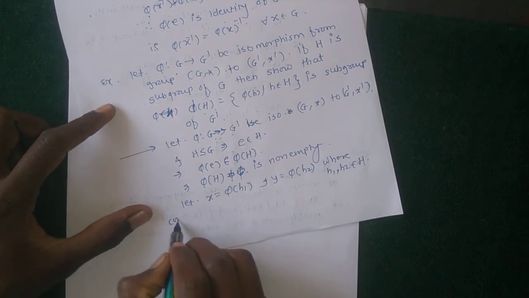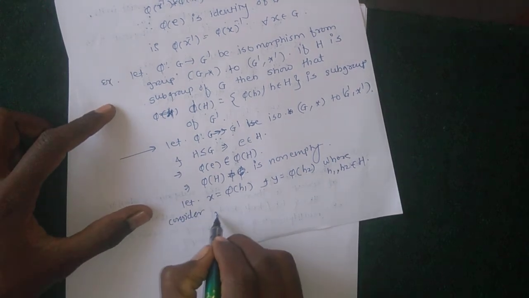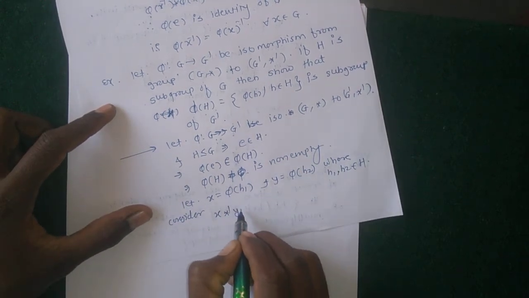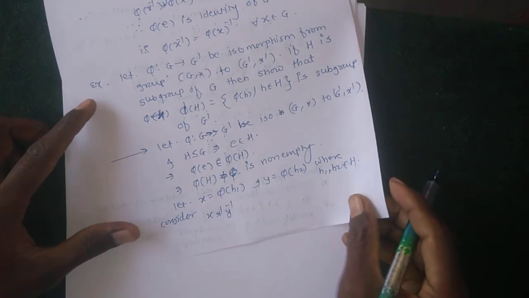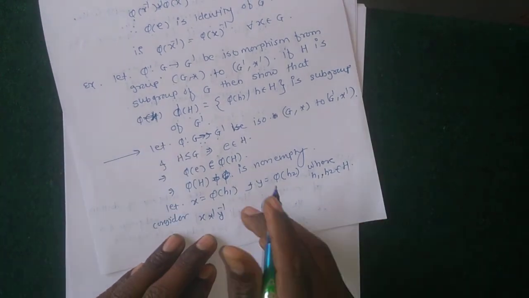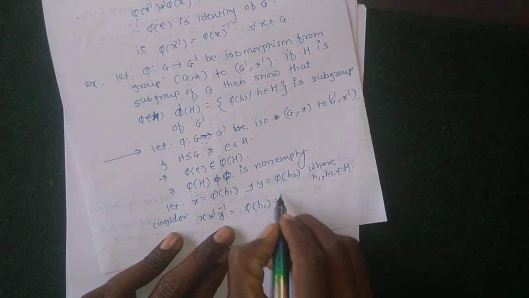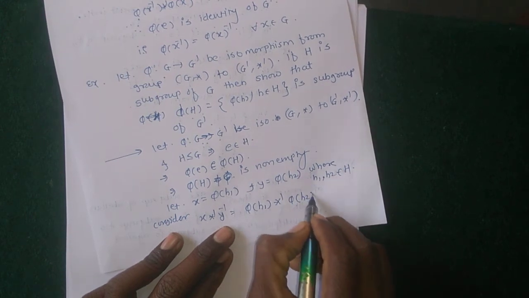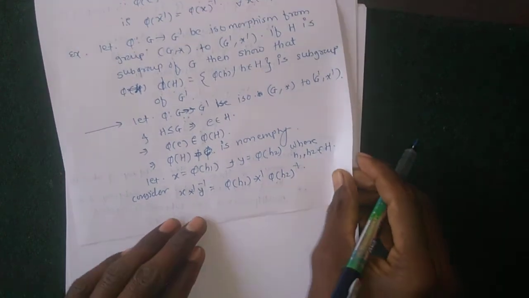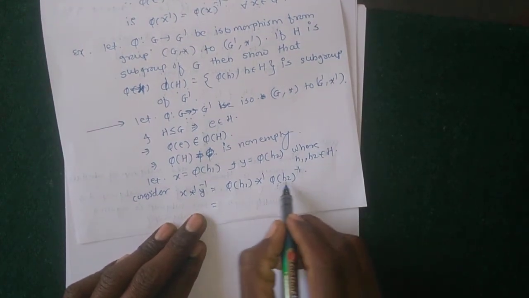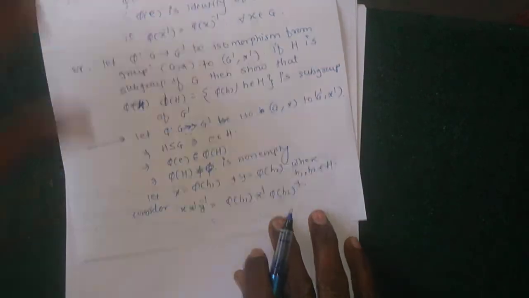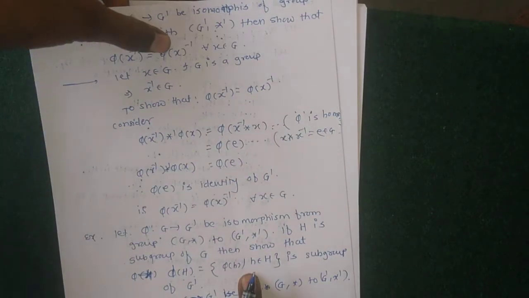Consider X star dash Y inverse, which equals phi of H1 star dash phi of H2 inverse. But the inverse of phi of H2, by the previous theorem, the inverse of phi of X is phi of X inverse.